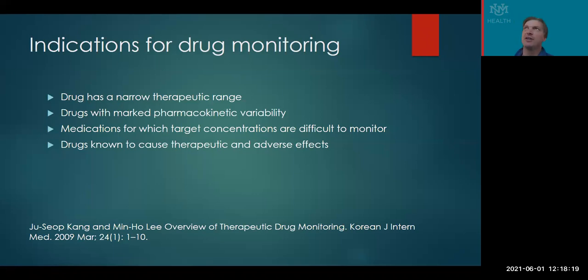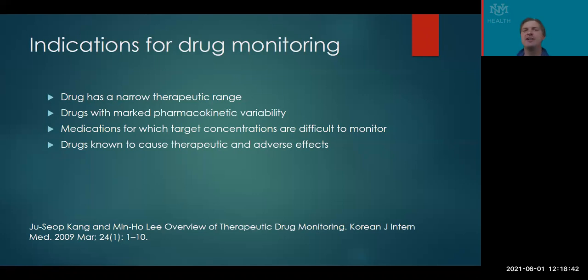We'll talk about some of the variability in relation to buprenorphine as we go, but I think of lithium as a prototypic example of this, and phenobarbital and phenytoin also, as they are inducers and inhibitors of other drug metabolisms.